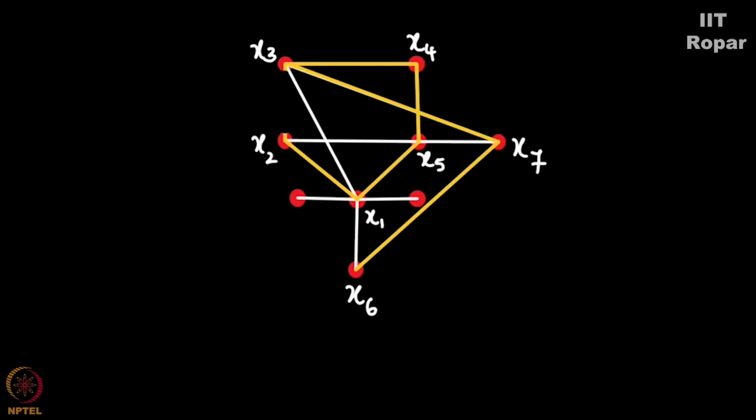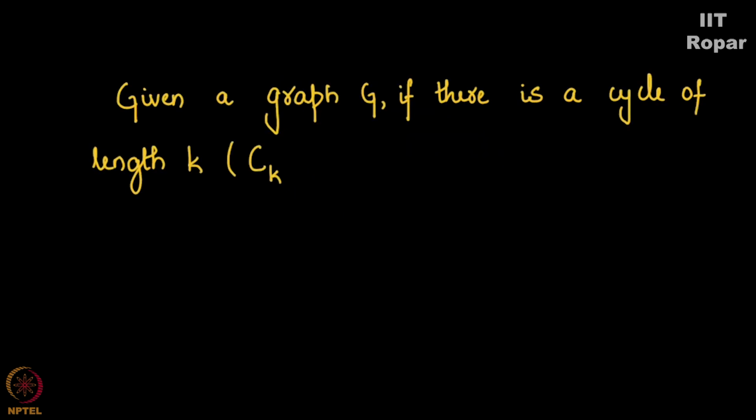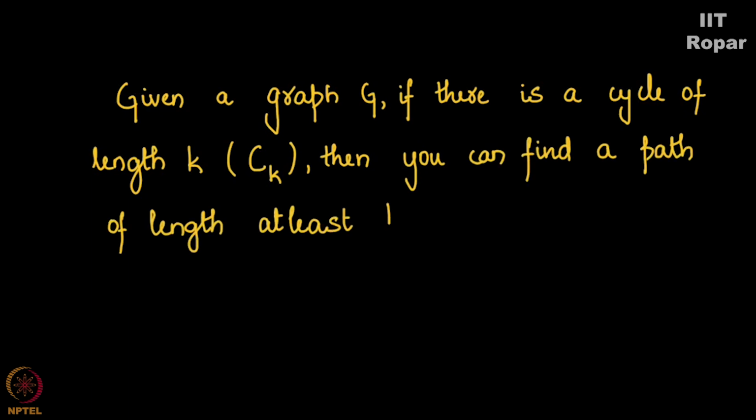Now let me paraphrase this little result that we have discovered. Given a graph G, if there is a cycle of length k, by that I mean a cycle with k vertices, then you can find a path of length at least k plus 1. By that I mean you will go ahead and find one more vertex and make this cycle become a path with at least one vertex more.